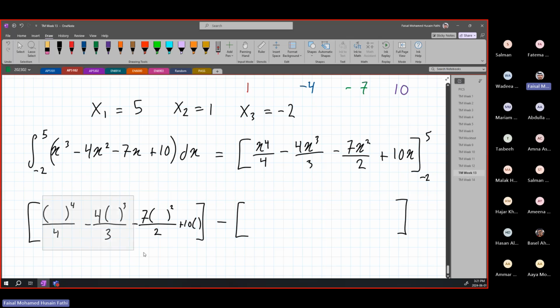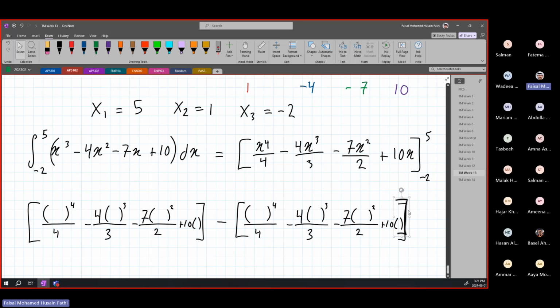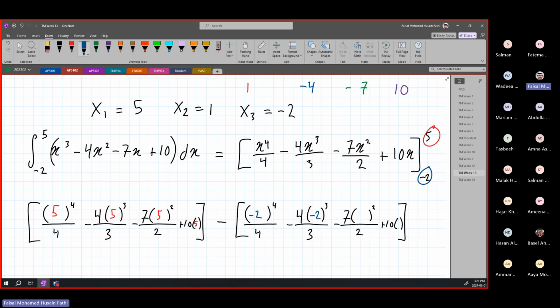All right, same exact thing you're going to be putting on the right side over here. Okay, but the only difference now is you're going to put your 5 here. So 5, 5, 5, and 5. And then you're going to put your minus 2 here, minus 2, minus 2, minus 2, minus 2.